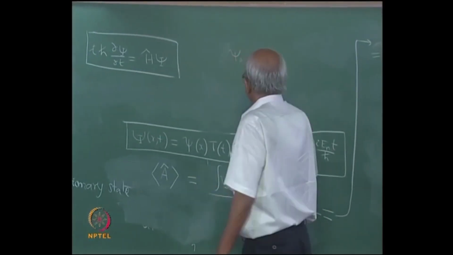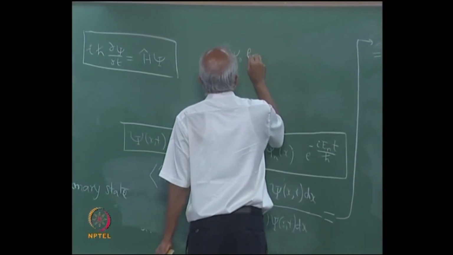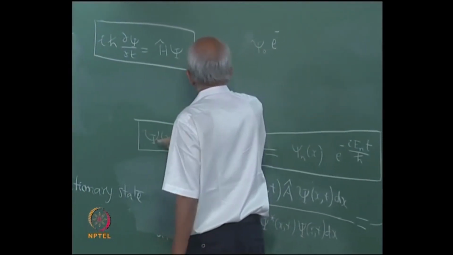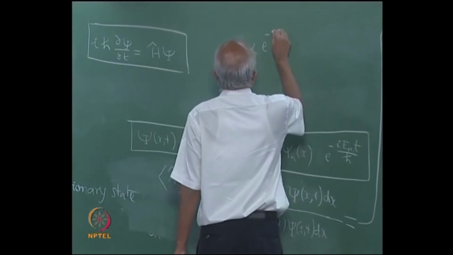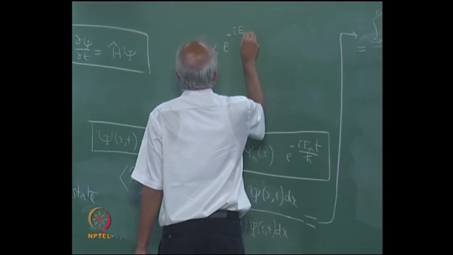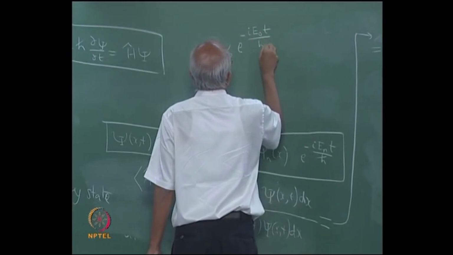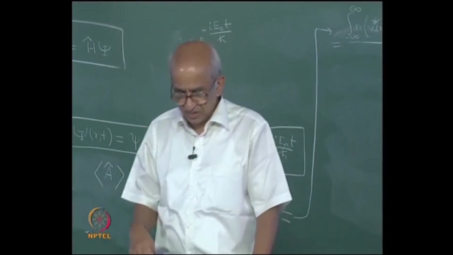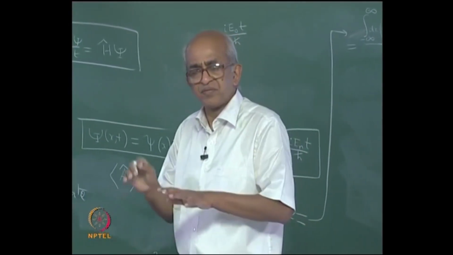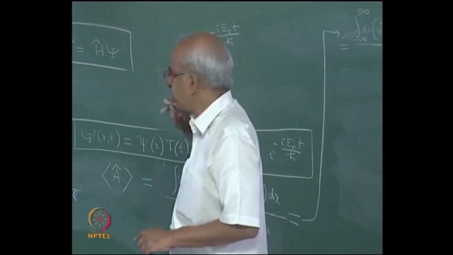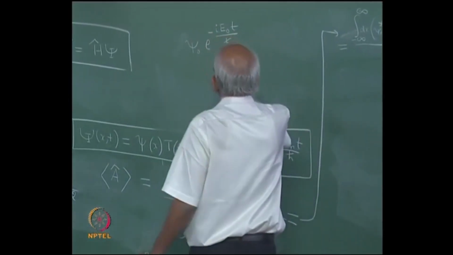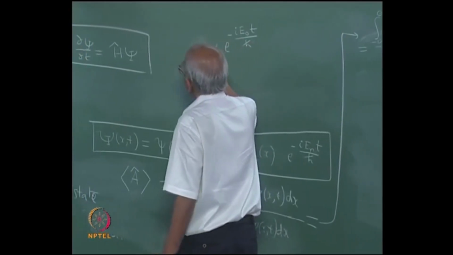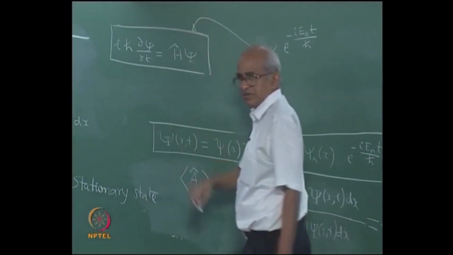Okay. It has an energy E 0. So, therefore, the total time dependent wave function for this will be psi 0 into e to the power of minus i E 0 t by h cross, right. So, I have the state psi 0 having an eigenvalue E 0, and then I know that psi 0 into e to the power of minus i E 0 t by h cross actually obeys this equation, correct.